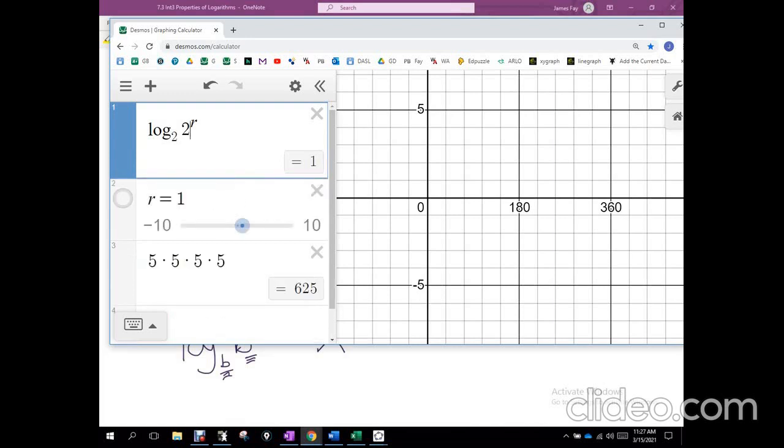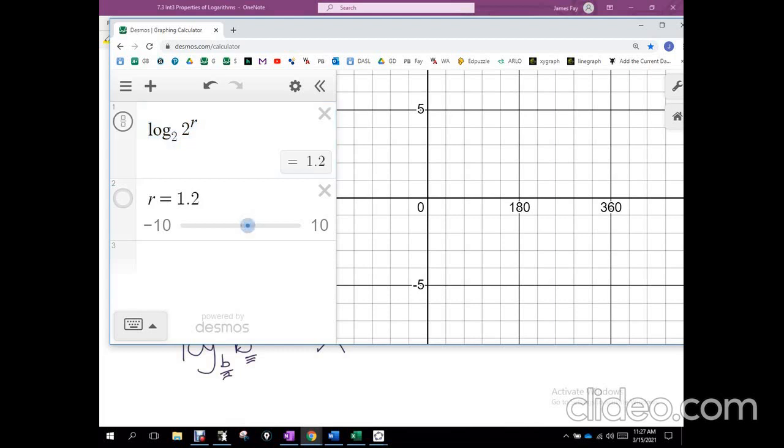So if I put 2's there, okay? If I put r in here, r right now is 1. Does this thing here spit back 1? If r is 1.2, does it spit back 1.2? 3.5, spit back 3.5? Does it always spit back the number that I'm choosing for r?